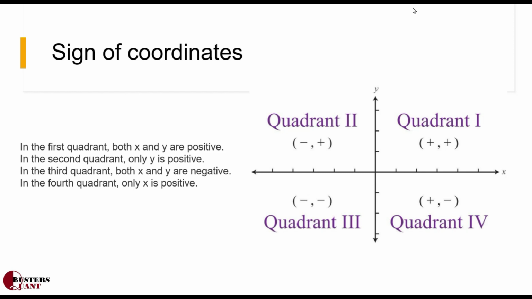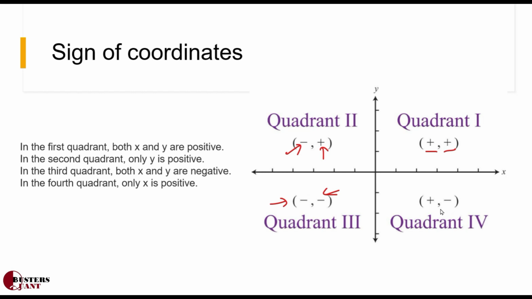Now the axes divide the plane into four quadrants. The first quadrant has both x and y coordinates positive. In the second quadrant, since it is towards the left of the origin, the x coordinate is negative but y is positive. In the third, both are negative. In the fourth, x is positive and y is negative.